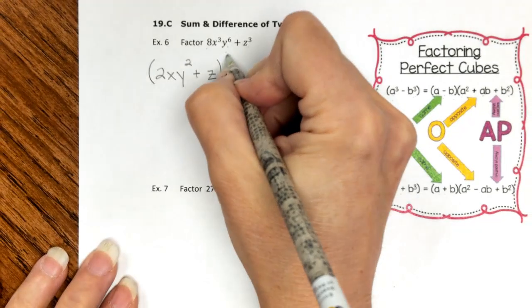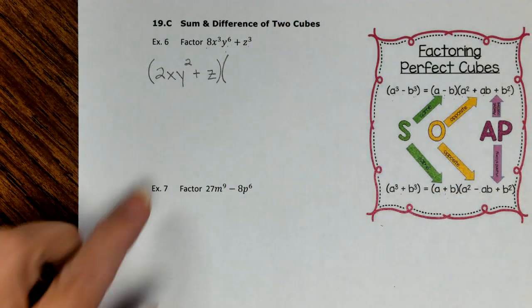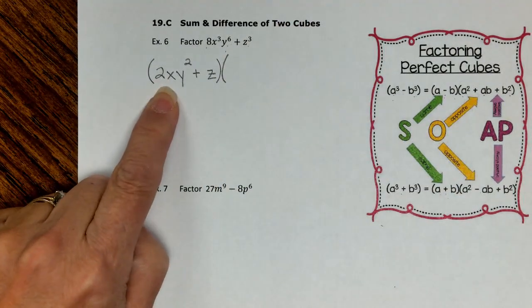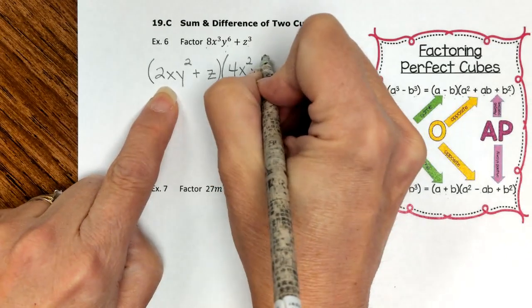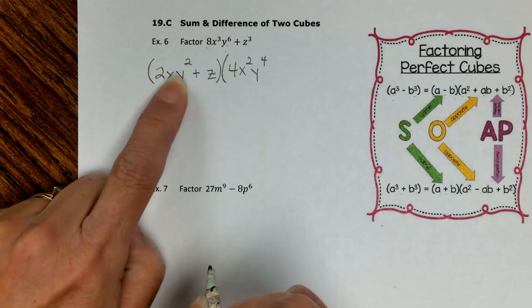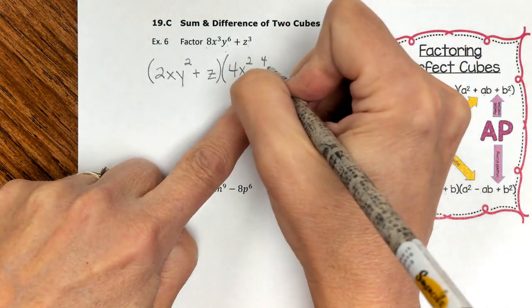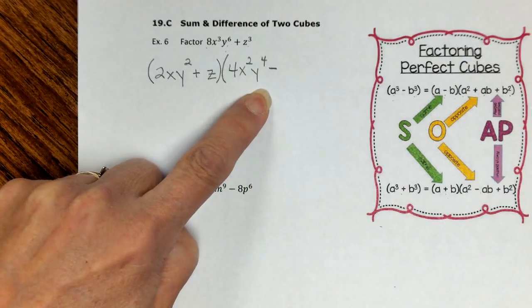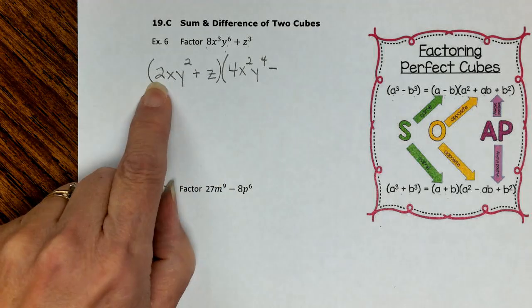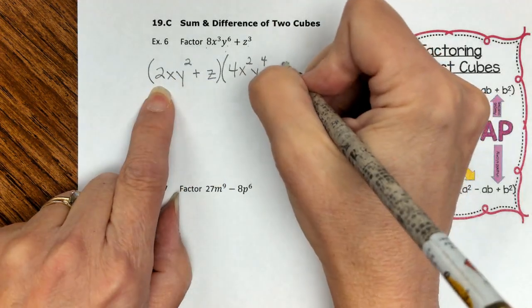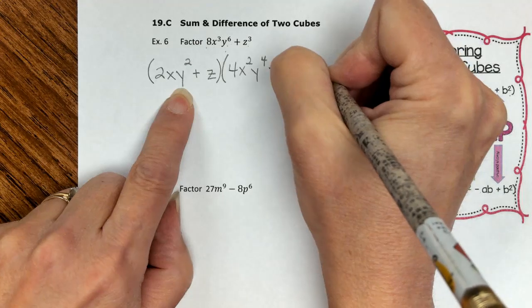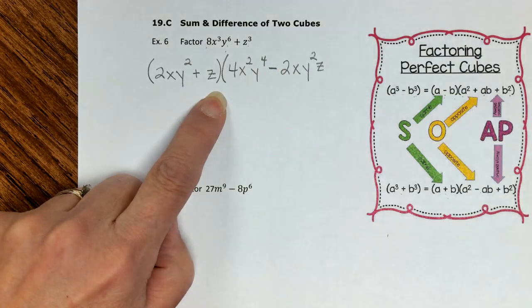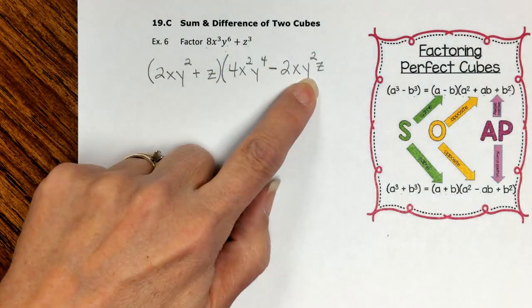Okay, then we need another set of parentheses, and it will be this squared. So 4x squared y to the 4th. Same opposite. And then it's AB in the middle, so that times that. 2x y squared z. Same, opposite, always plus.